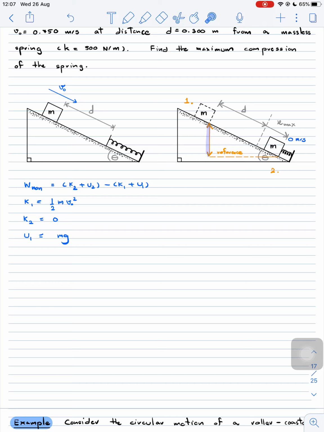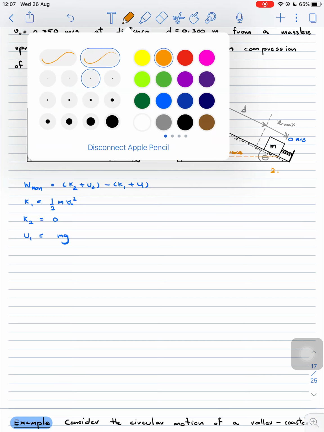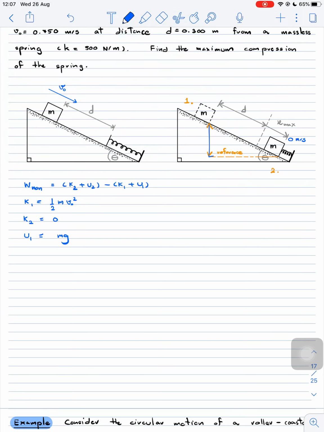What is this value? If you look at this triangle, let's consider this right triangle. You can see that this angle equals theta, and this hypotenuse equals D plus X max.